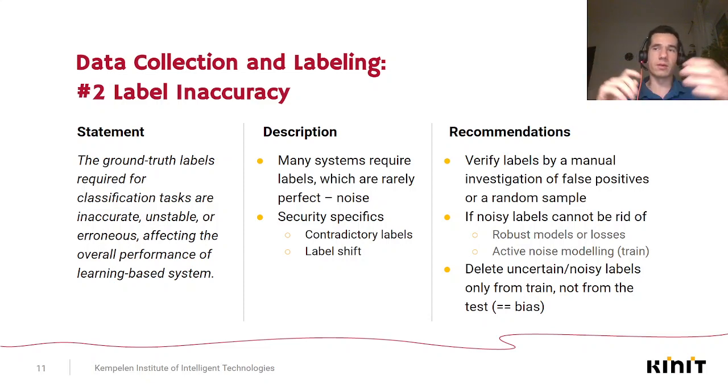You may pick, I don't know, 10, 20, 100, depending on your time, false positives via random sampling, and analyze that. If we detect noisy labels, we can get rid of them, but only from the train set, not from the test set, because this creates bias, as we will talk about on the next slides.